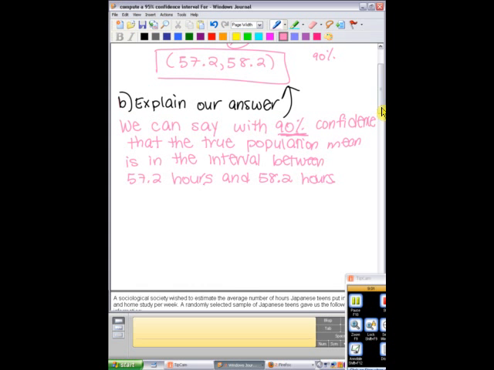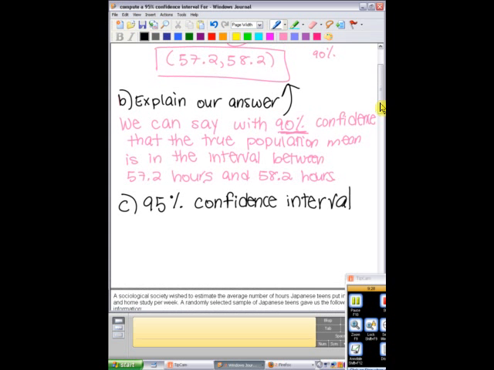If you want even more practice, I would do the same sort of question, but this time for a 95% confidence interval. For that one, I'd say try it on your own, and I will write the answer here for you in steps.